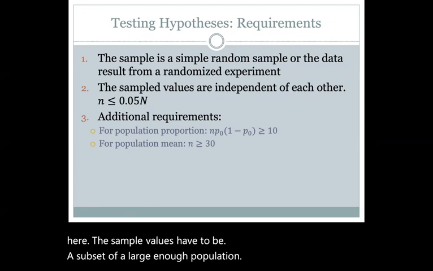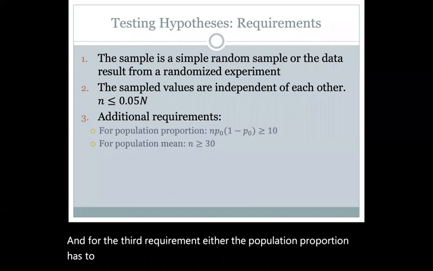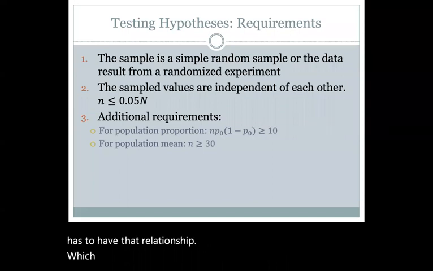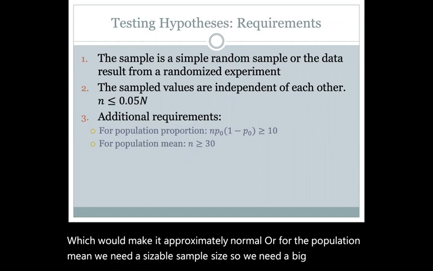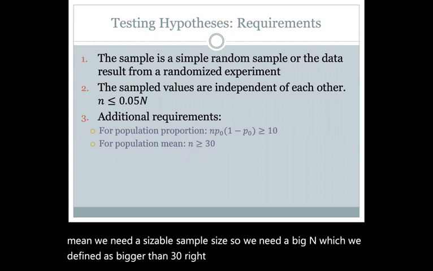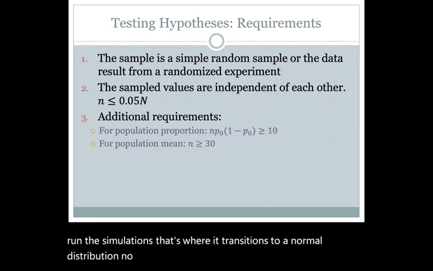And for the third requirement, either the population proportion has to have that relationship, which would make it approximately normal, or for the population mean, we need a sizable sample size. So we need a big N, which we defined as bigger than 30 right here, because we see that when we run the simulations, that's where it transitions to a normal distribution, no matter what the starting population looks like.